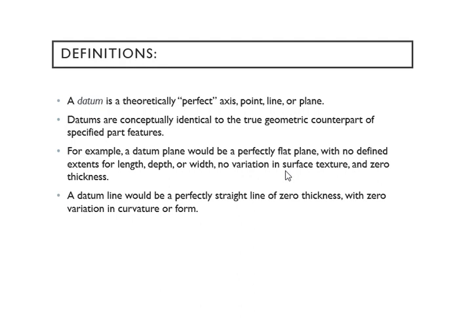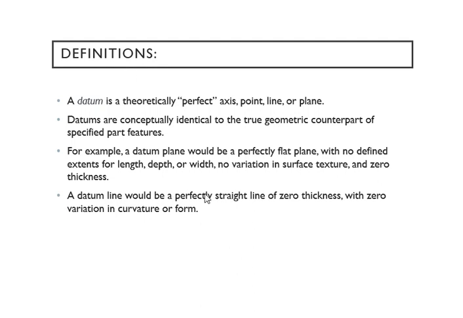When you have to produce the model or the product that you draw, you need measurements to do it. Datum is really important to provide that measurement. And of course, we measure from a point, line, or plane.